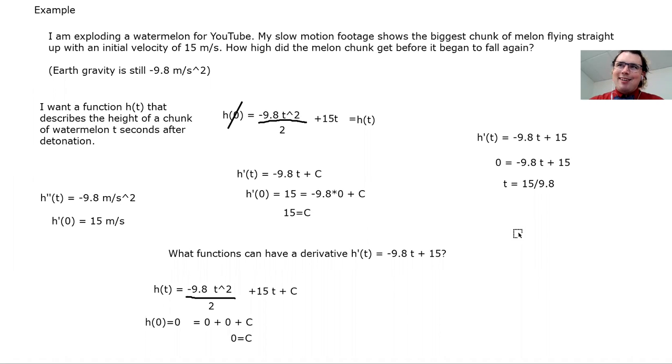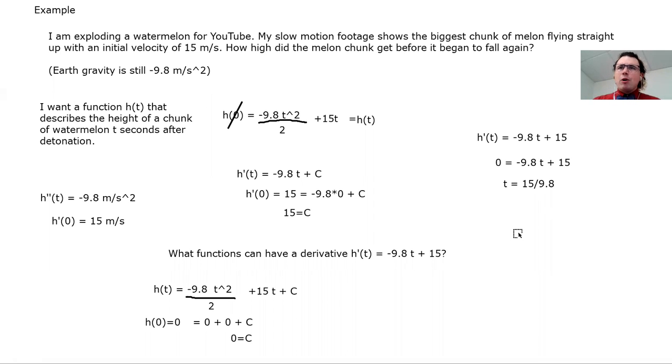So knowing a little bit about gravity and knowing the initial velocity, the initial position of my departed watermelon, I can predict how high off the ground that piece of my watermelon got before it started falling again.